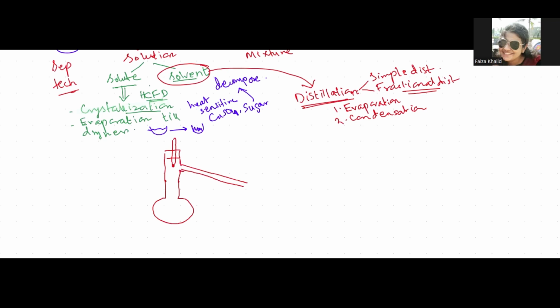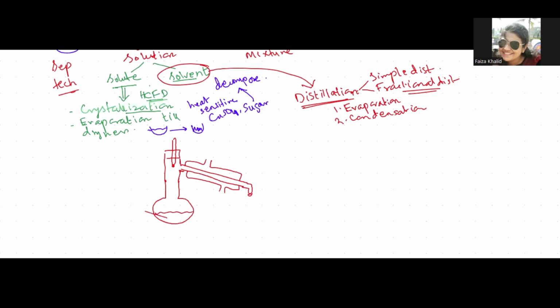Sometimes they give you the entire apparatus to draw apart from the condenser and ask you to draw it, and then you would place it like that.